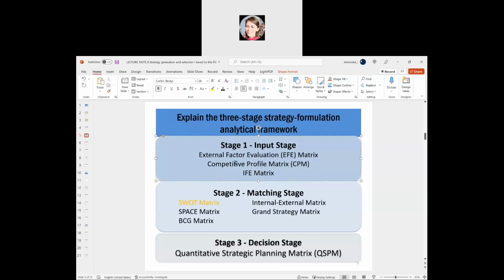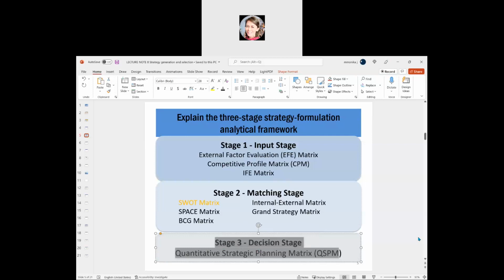If you do not have the input from stage one, it's kind of difficult to do your SWOT matrix, right? And if you have not completed stage two, you will not be able to proceed to the decision stage either, because the information required in this stage is from stage one and stage two.